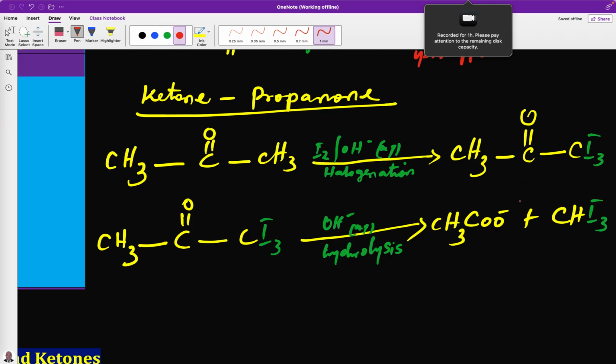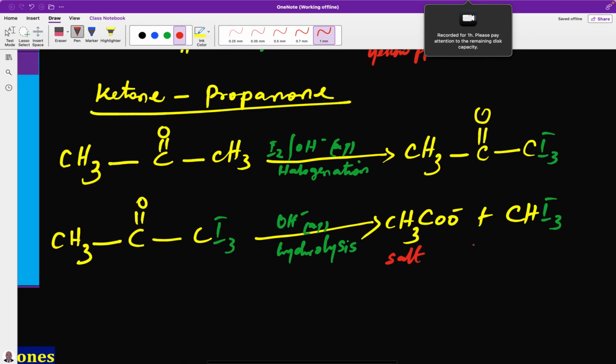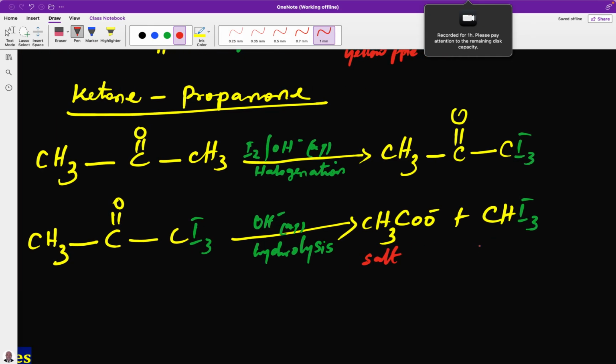Triiodomethane, yellow precipitate. This is the salt. And this is our triiodomethane yellow precipitate.